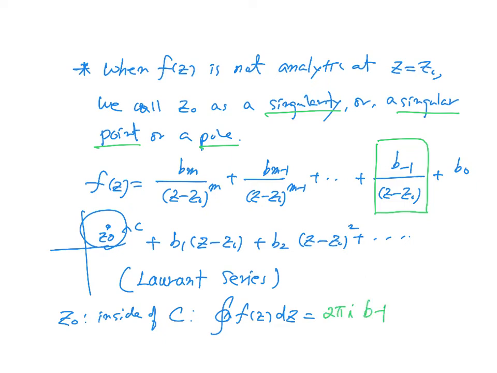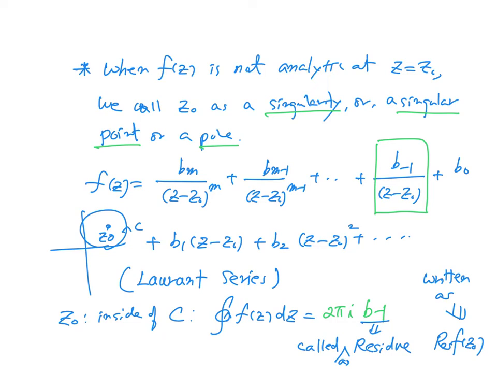b minus 1, right? And this particular coefficient is called the residue, and written as residue of f at z naught. So this is also the result of the Cauchy integral theorem and integral formula, right?